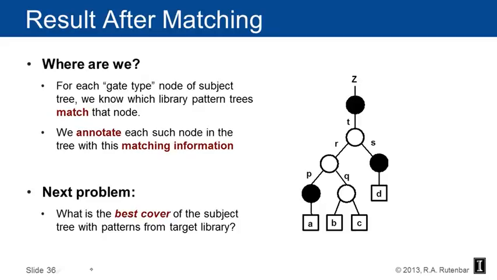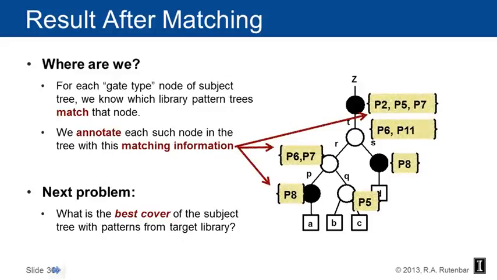I can illustrate that with my little Z tree that we've seen many times, which has A, B, C, D as inputs, Z as output, and three black nodes and three white nodes, P, Q, R, S, T. What do you get? For the black node that makes output Z, a little list that says patterns P2, P5, P7 match.